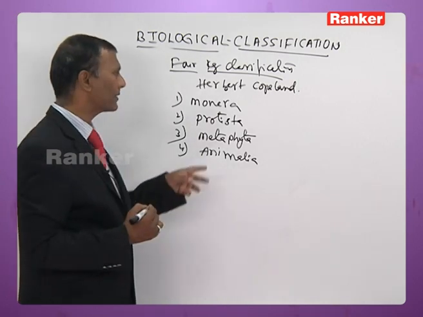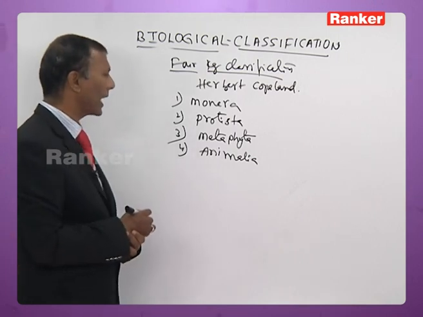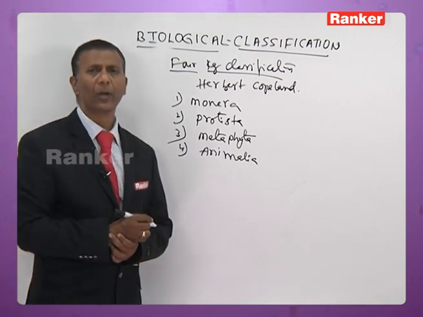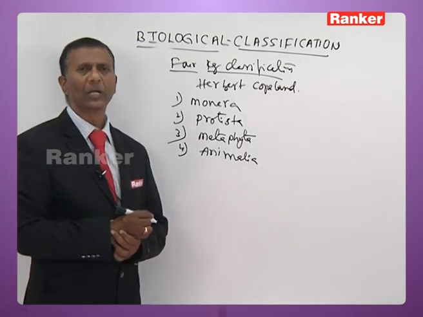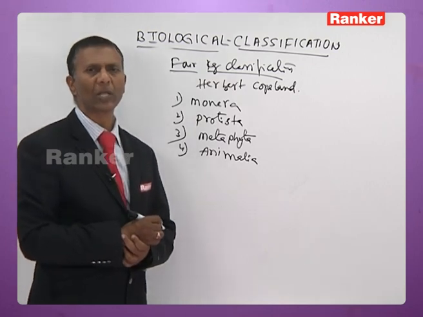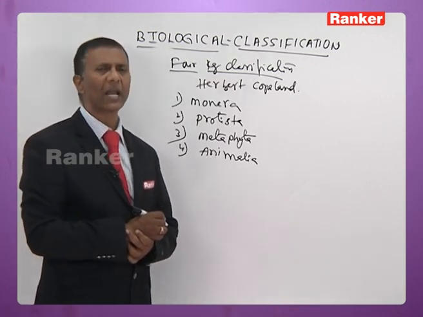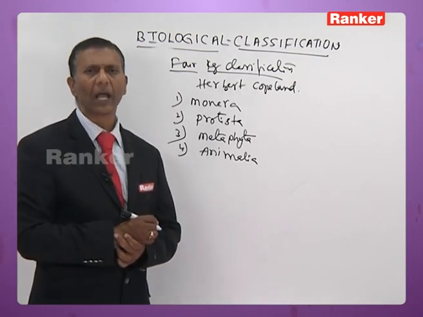So the 4 kingdom classification was put forth by Herbert Copeland. The 4 kingdoms are Monera, including all unicellular prokaryotes; Protista, including unicellular eukaryotes; Metaphyta, including multicellular autotrophic organisms; then Animalia, including multicellular heterotrophs.